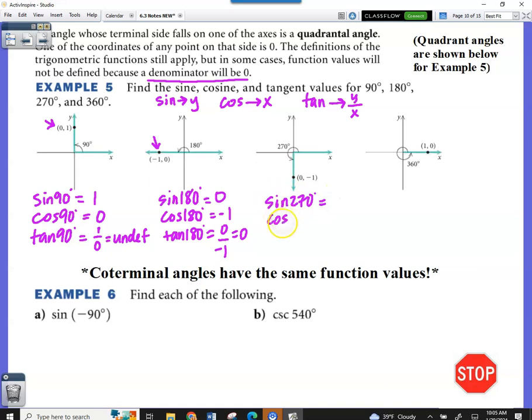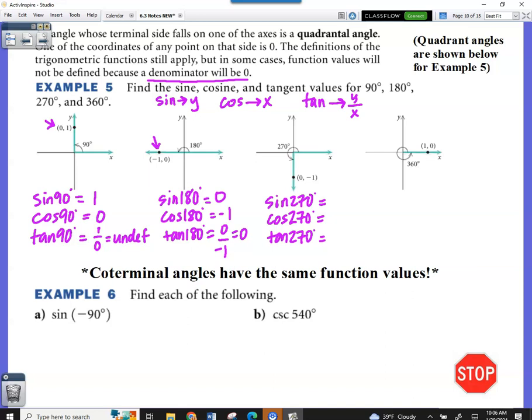All right, if we had 270, think to yourself 270. So it starts on the initial side, it opens up, you got 90, 180, 270. So it's going to land down here on the y-axis, which means we cannot draw the triangle.